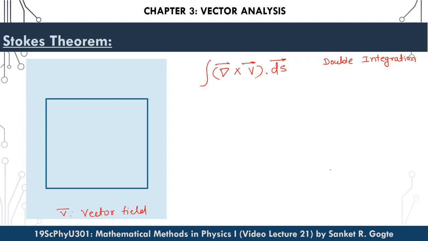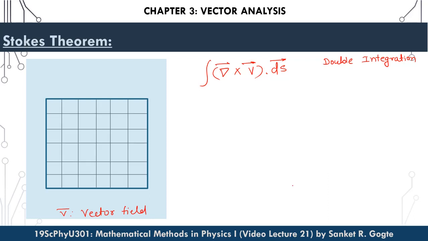This surface integration is calculated as follows. What you do is you divide this finite area into infinitely many but infinitesimally small area elements, so that each of this area element, which is shown here, is infinitesimally small.